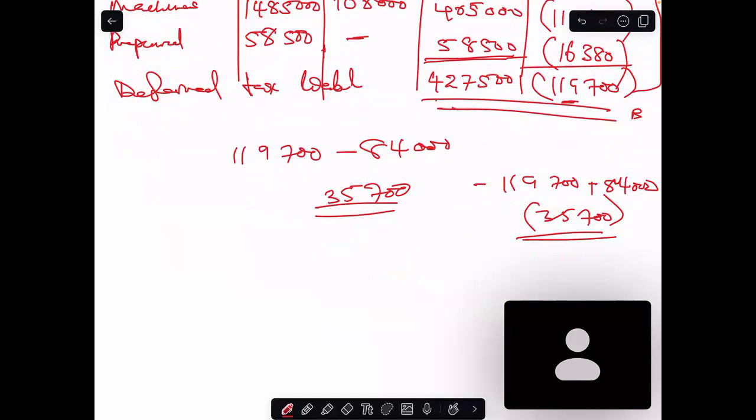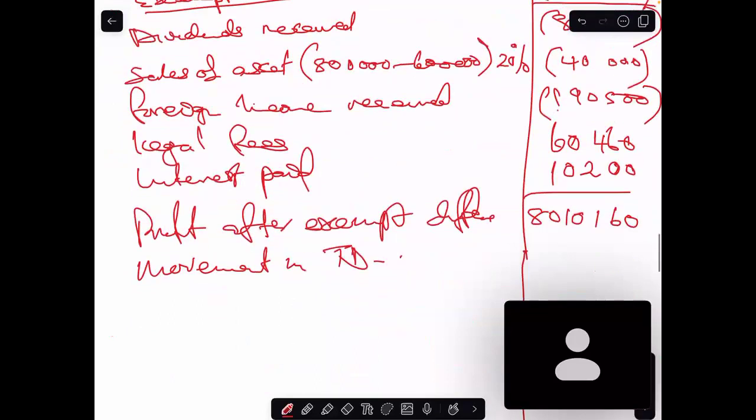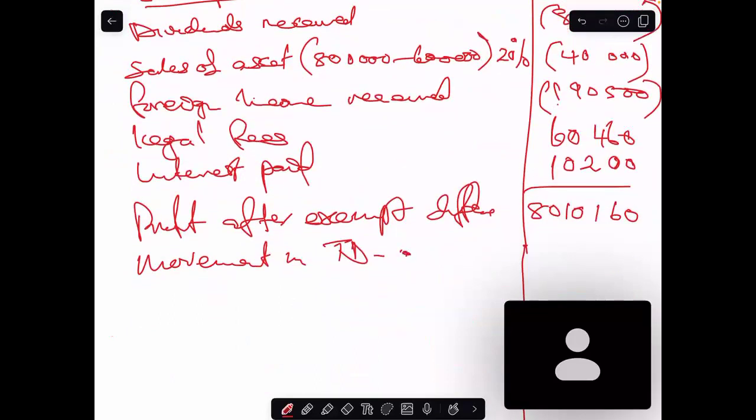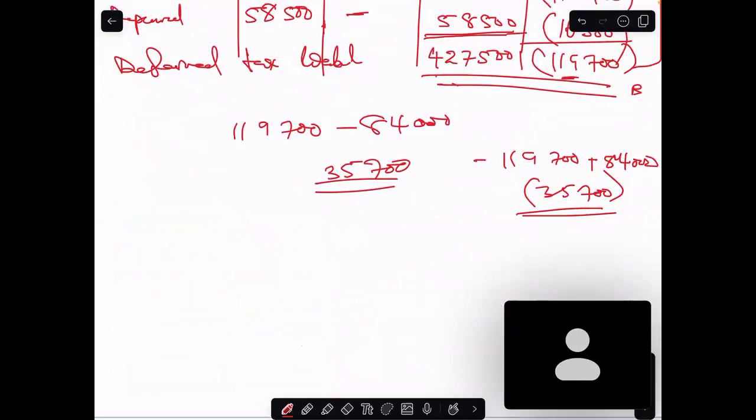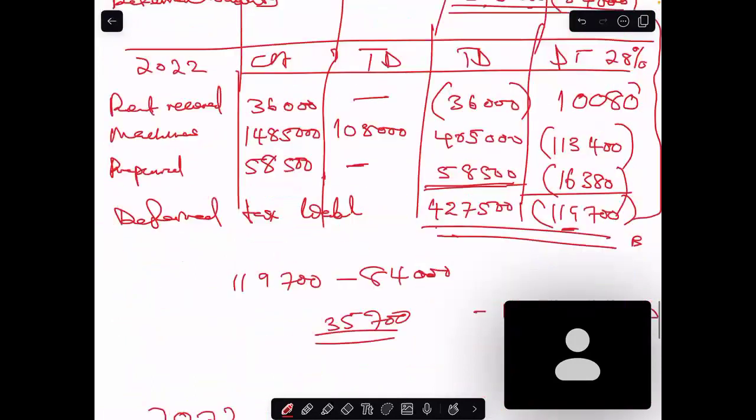Right, but note that our interest is in the movement in temporal difference. The reason why we did this is we wanted this amount. How do we calculate movement in temporal difference? We are going to say 2022 temporal difference of 427,500 minus 2021 temporal difference of 300,000.